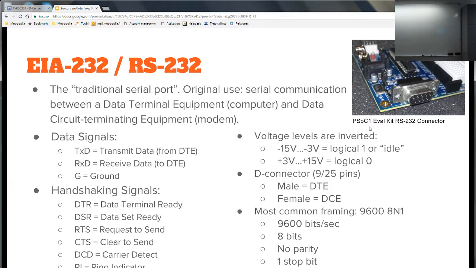But anyways, there's a standard, and you can basically run the data transfer with only 3 lines. One is of course ground, and then you need either or both transmit data and receive data lines. You may actually also have all sorts of handshaking signals, and there are those 6 standard handshaking signals available on that standard.